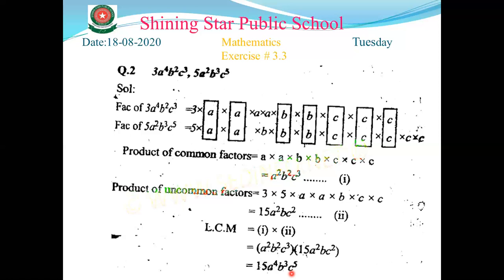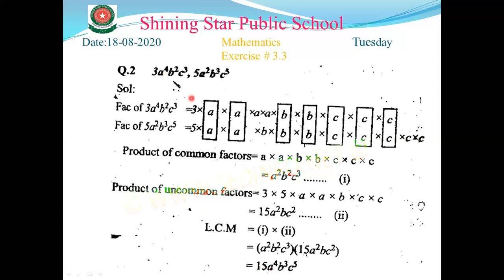Now, in this question, we found 15 a power 4 b cube c power 5. Now let's check whether your answer is right or wrong. In your question, we have a, b, c. Let's check the greater power of a. You will find a power 4 is the greater, so in the answer you get a power 4.